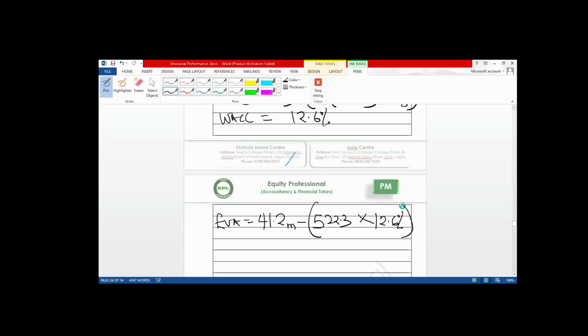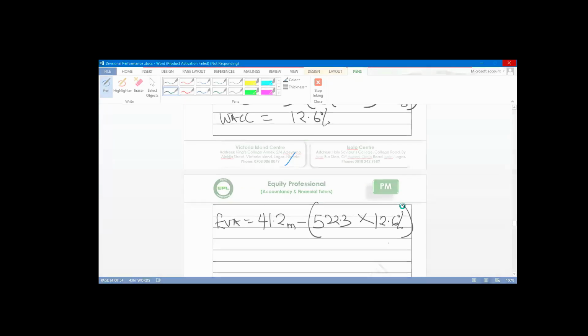Please work this out. What is your EVA? Negative 24.61.